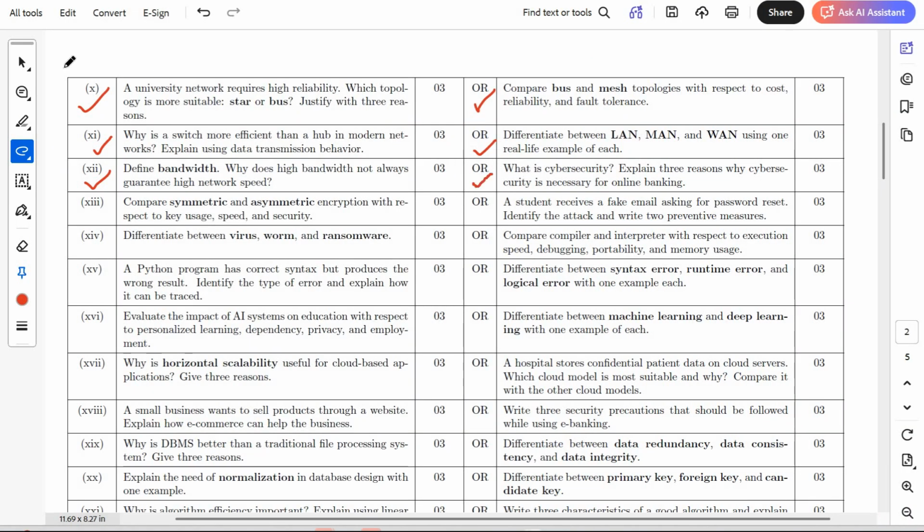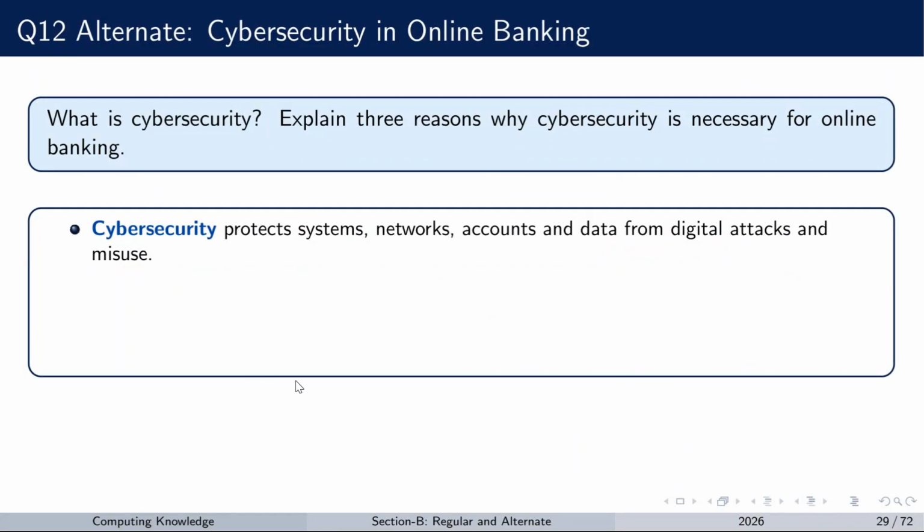Alternate part: what is cybersecurity? Explain three reasons why cybersecurity is necessary for online banking. Cybersecurity protects systems, networks, accounts, and data from digital attacks and misuse.